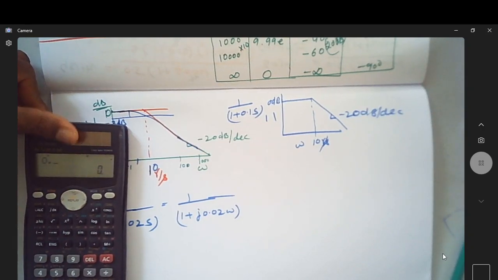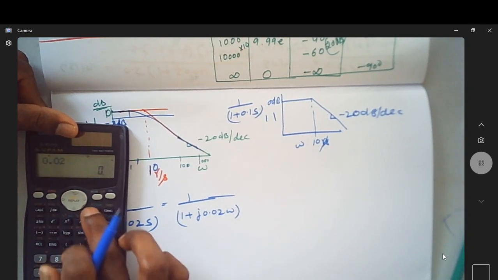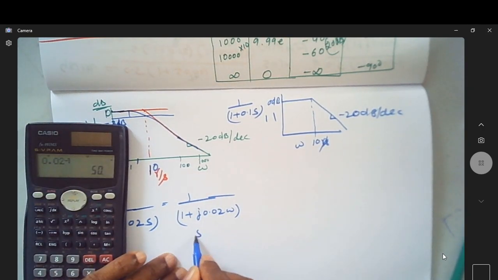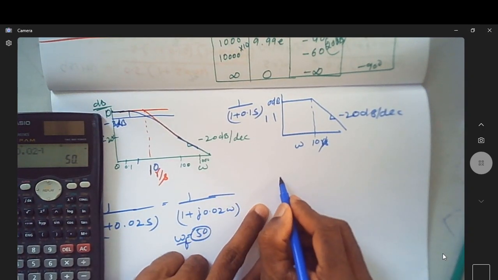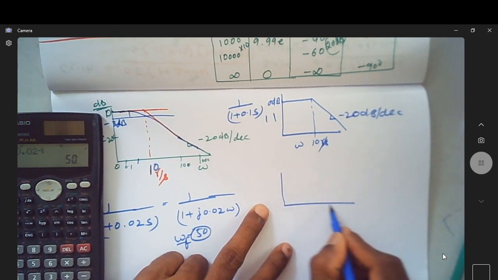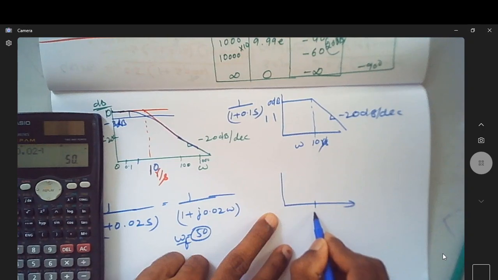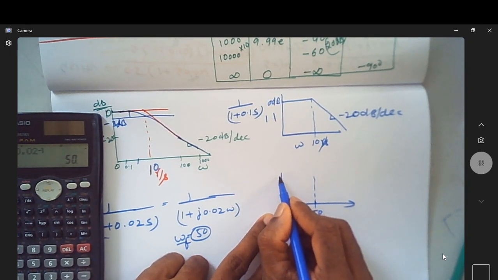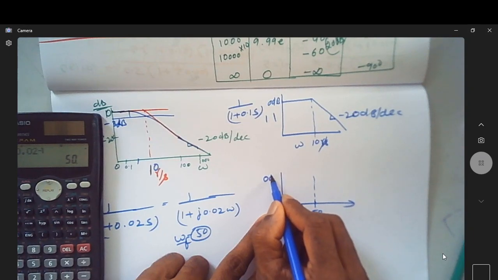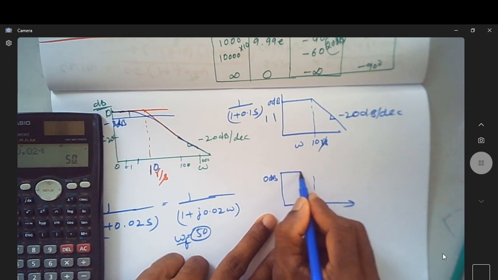So 0.02 inverse is 50. Can you see, this is my omega, f, I'll call it. So now what is the representation of this? You can identify a cutoff frequency 50 here, and this magnitude is 0 dB till 50.